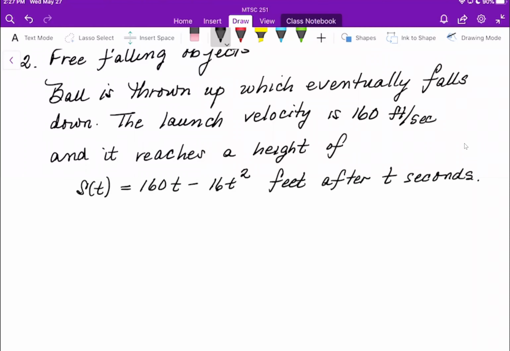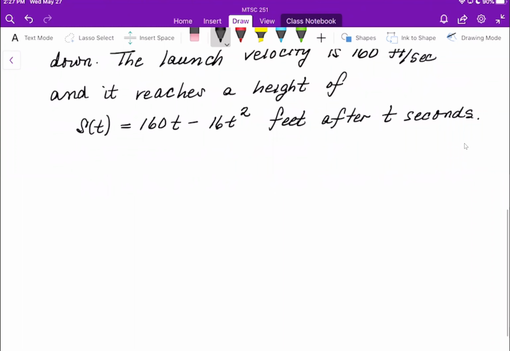Okay, so the first question is, how high does the ball go? In order to figure out how high the ball goes, we have to look at when the velocity of the ball goes to 0.